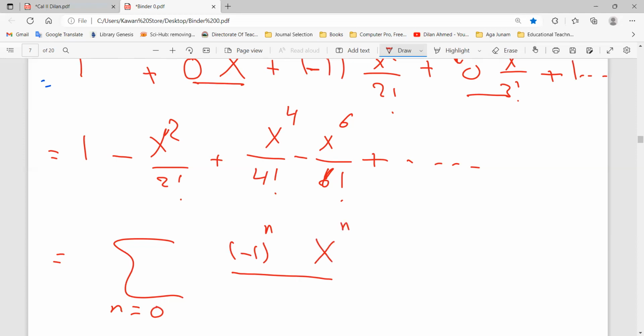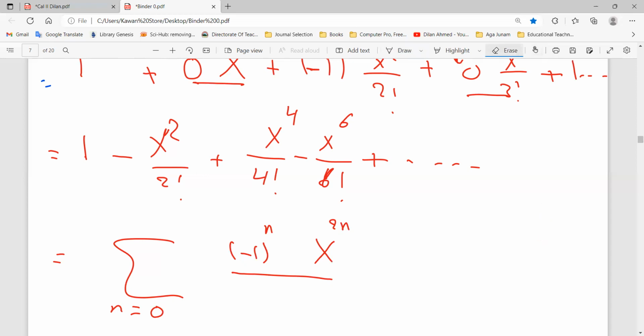Let me think about whether n is good or not. n to power 0 will give me 1. n to power 1 will give me x, but I don't have x, right? 2n. Why 2n? Look at the power, it's going to be even. And we say even is 2n. Remember that. Good. That's why I say you have all keys.